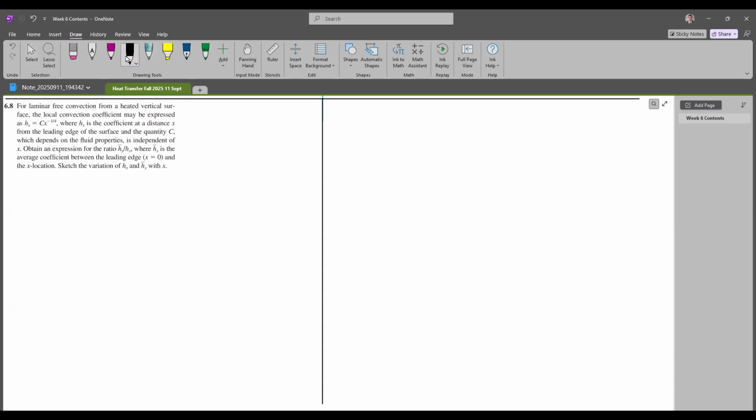I had pulled out these problems from the Incropera, and sometimes your textbook, I think it's Holman, right? Jack P. Holman. In the previous semester when I was taking this, I had to go through each of the problems and choose which problem is most relevant and not that difficult.